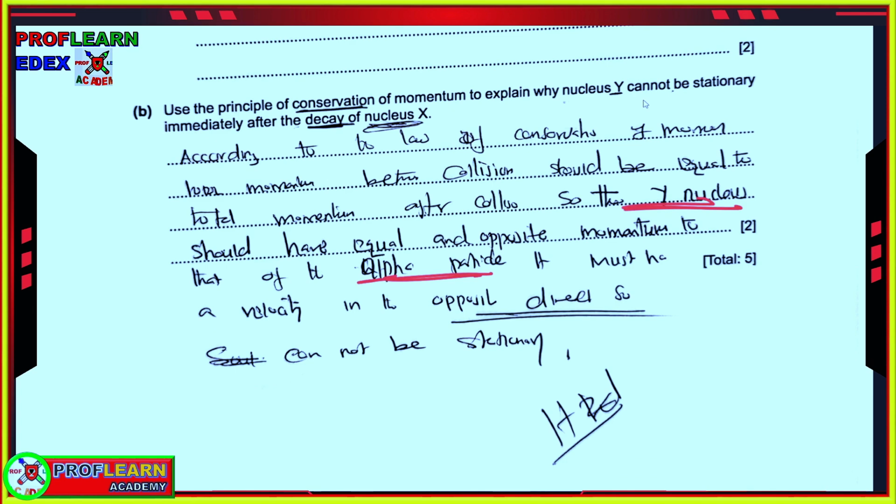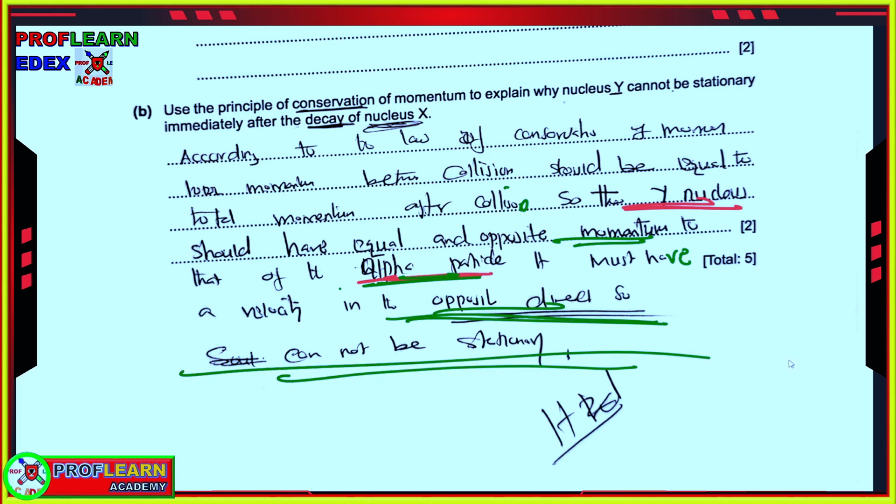According to the law of conservation of momentum, momentum before should be equal to momentum after. So the Y nucleus should have equal and opposite momentum to that of the alpha particle, so it must have a velocity in the opposite direction, so it cannot be stationary.